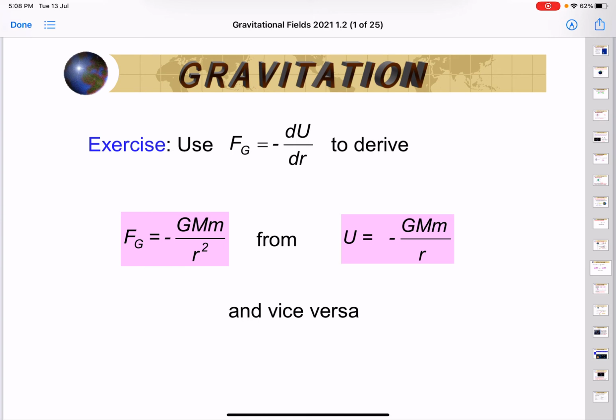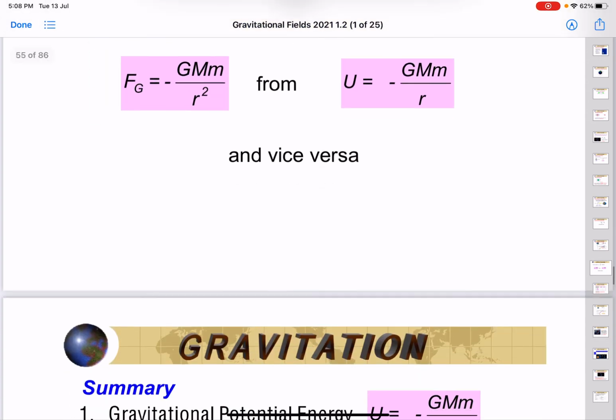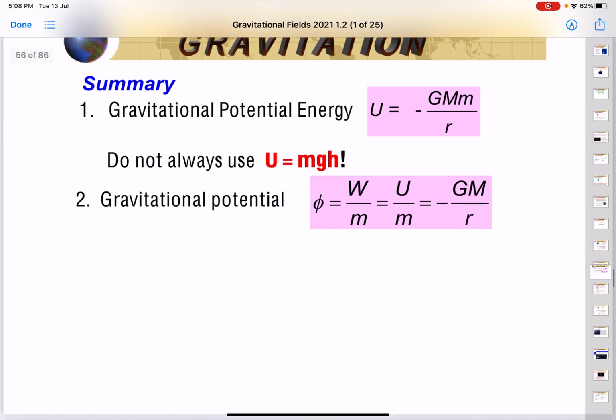You can differentiate one to get the other and integrate the other to get back the U. So to summarize, note that the formulas for gravitational potential energy and the gravitational potential both come with the negative sign, and do not use U equals mgh for questions that have big values for the distances from the surface of planets and Earth.